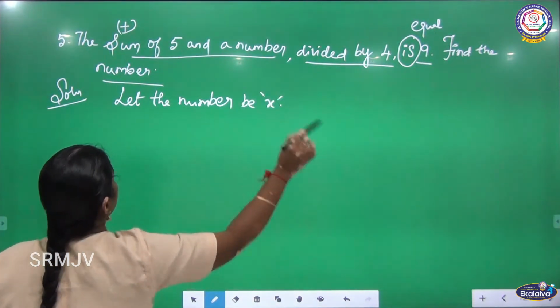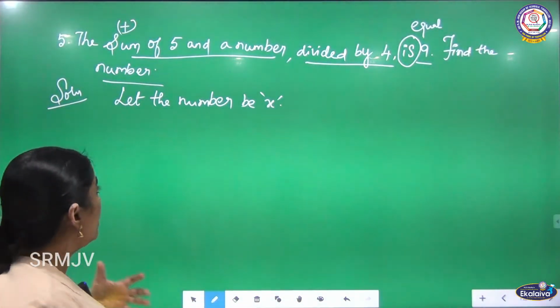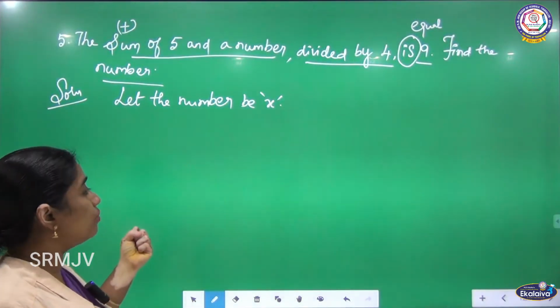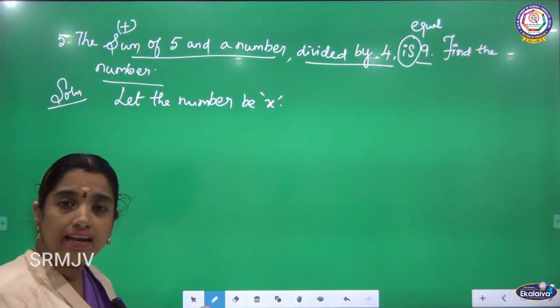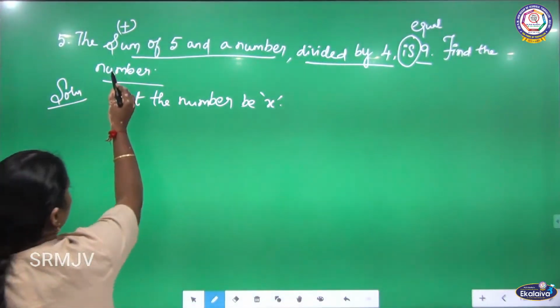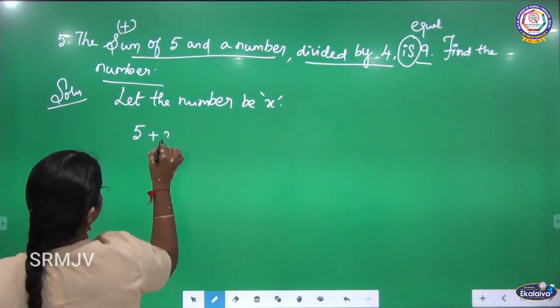I am assuming that to find out the number, it should be x. We can assume the alphabets from A to Z. Whatever alphabet you want, you can assume that. Here I am assuming x. Is it clear? Now sum of 5 and a number, so I can write that 5 plus x.